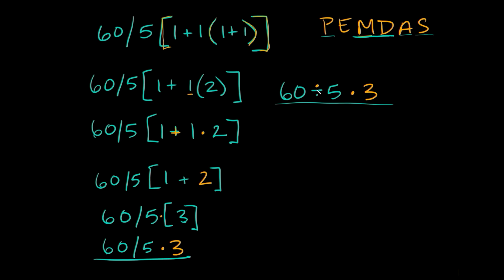So first we have to divide here before we multiply. So 60 divided by 5 is equal to 12, right? So then this part right here is simply equal to 12. And then we have our times 3 out here. So then we're just left with 12 times 3, which is simply equal to 36, all right? So then our final answer right here is simply 36.